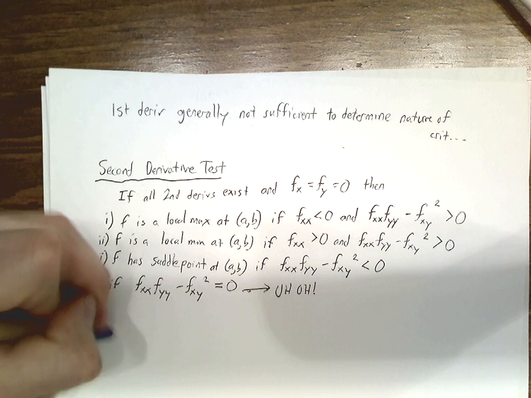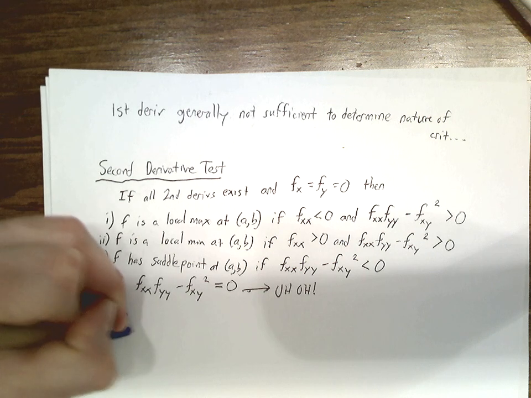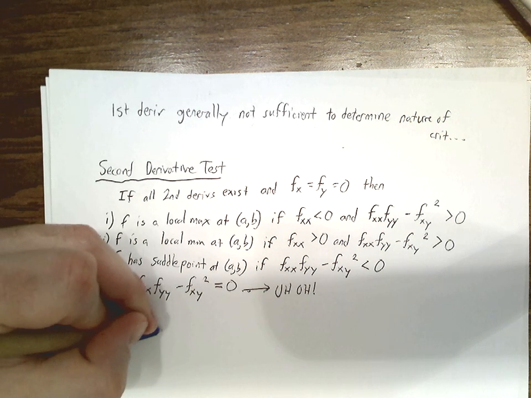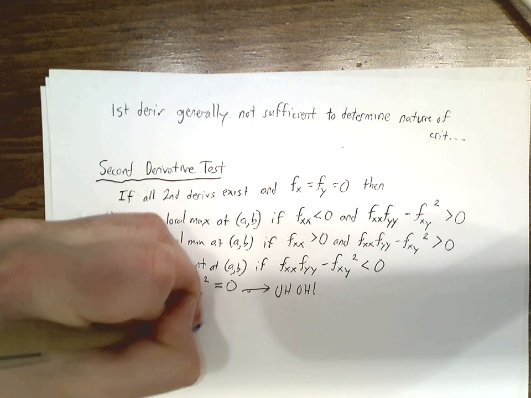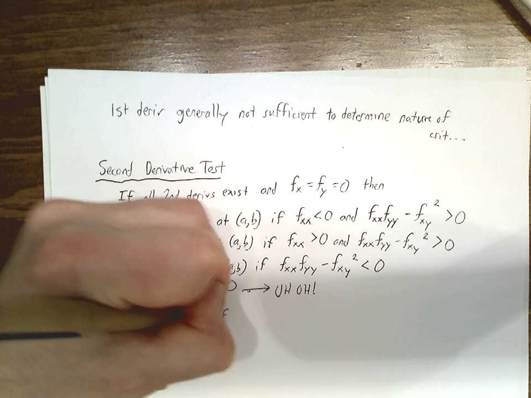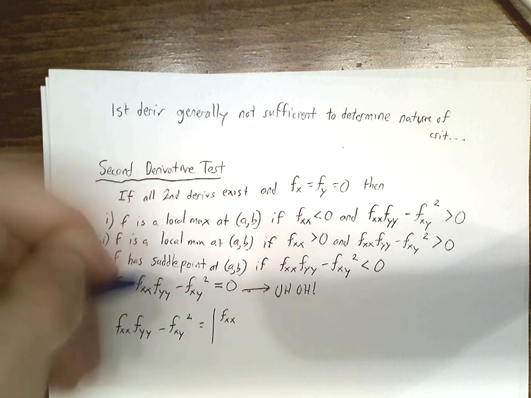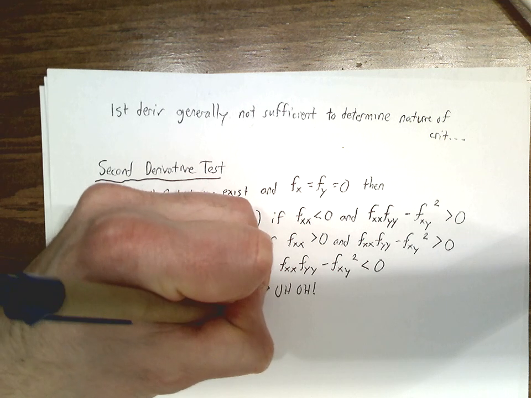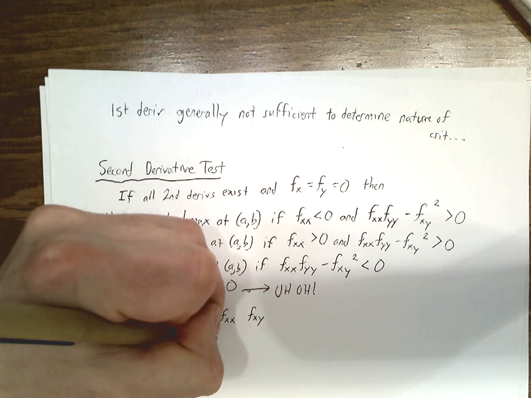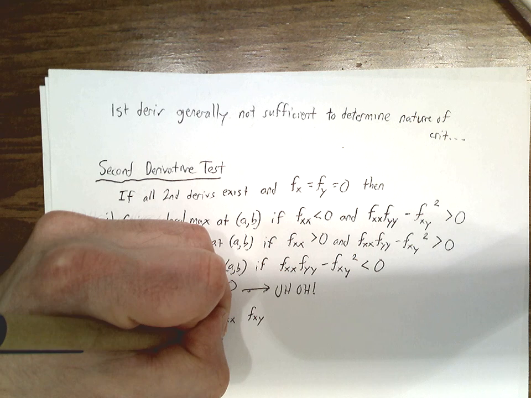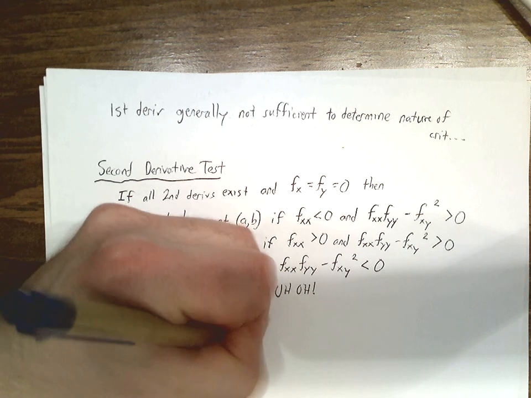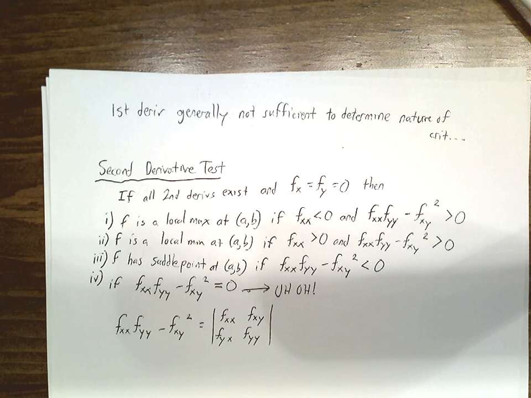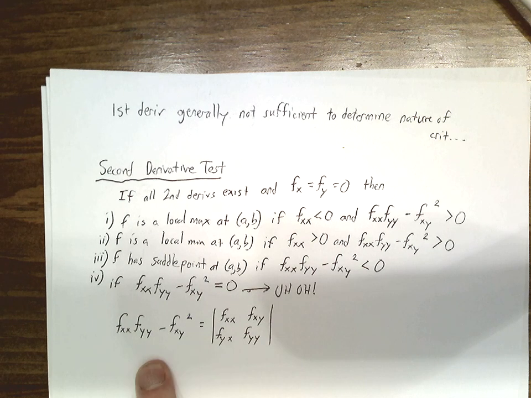Really, this quantity here comes from the determinant of a matrix of the partials. So if we build the matrix, we put the x derivatives first in the first row, and the y derivatives first in the second row, and then we take the determinant.